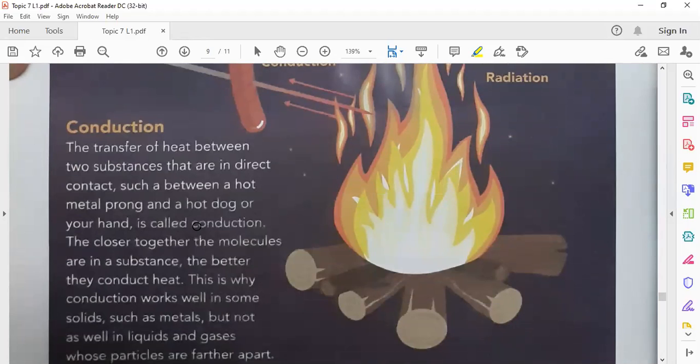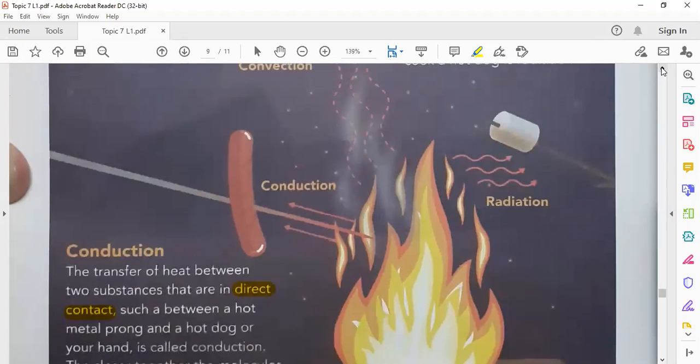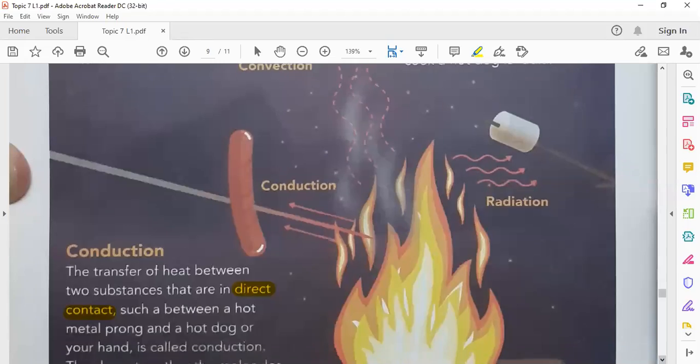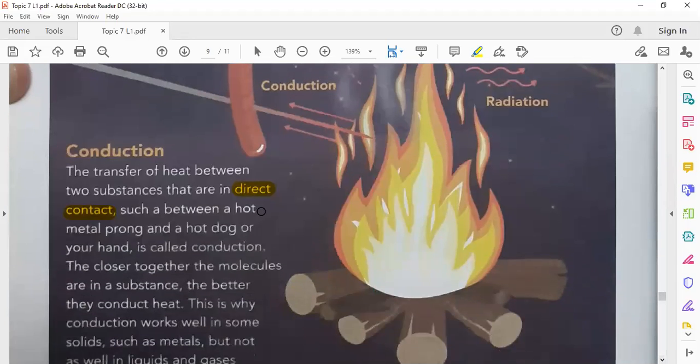This is the most important thing to know about conduction. In radiation, as we will see, the two objects are not in contact. But in conduction, the two objects must be in direct contact.